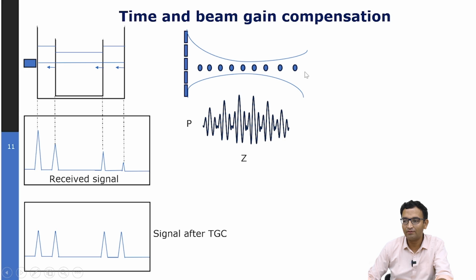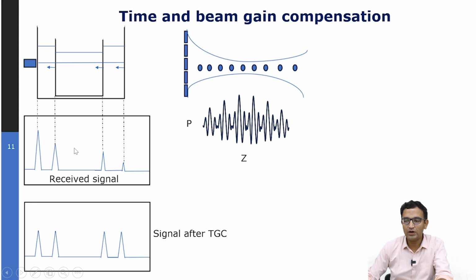If you have a scatterer which is in this wider portion of the beam, the energy reflected back will be lower. That is where we would like to equalize for this, because all these scatterers are of the same amplitude. Essentially, they are of equal scatterer strength. Therefore, what we do is called time gain compensation, or TGC, also known as depth gain compensation.